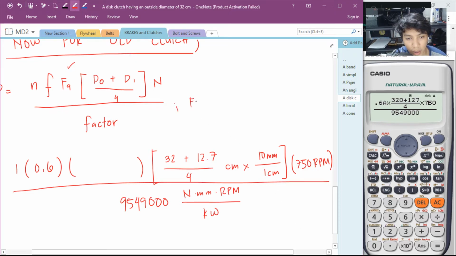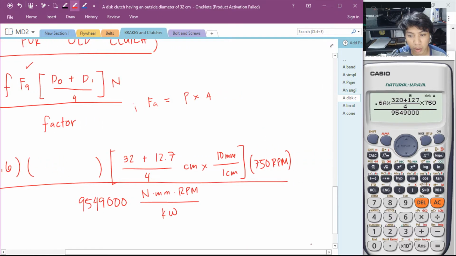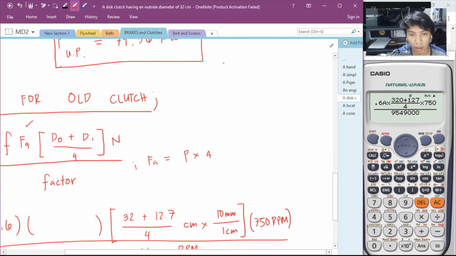Kunin mo natin si FA. So, FA, may FA tuloy. Tama, FA. Mula sa pressure times area. Now, yung area mo dyan, lagay natin dito sa kabila. Okay? Area for uniform wear. Okay, uniform wear method sa area.